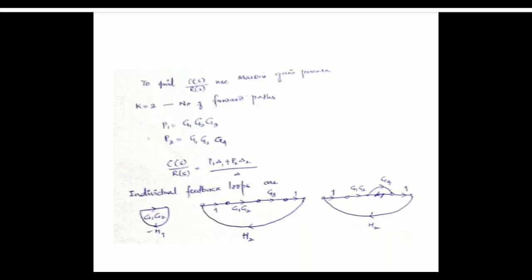So loop gain L1 will be equal to minus G1 G2 H1. Loop L2 will be equal to G1 G2 G3 H2. L3 will be equal to G1 G2 G4 H2. These are the three loop gains.